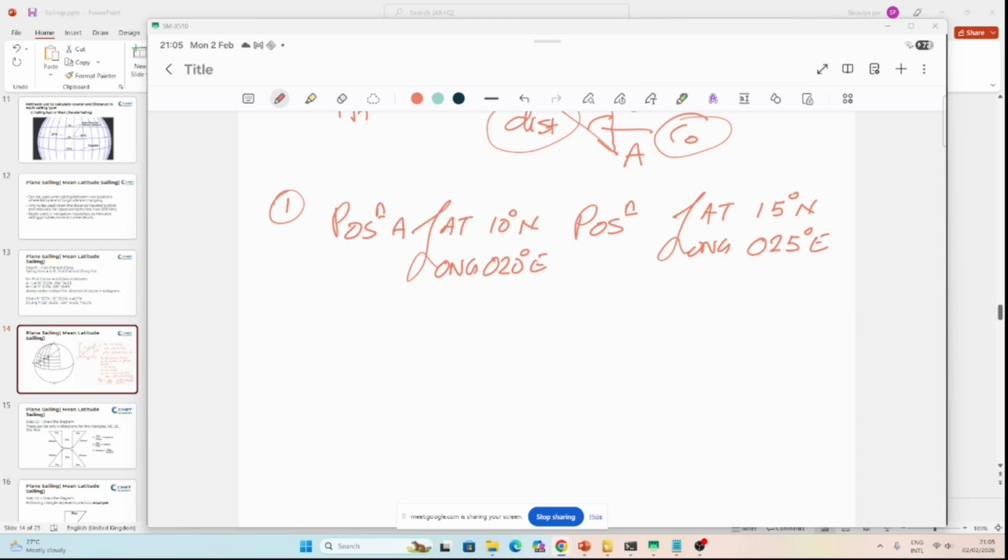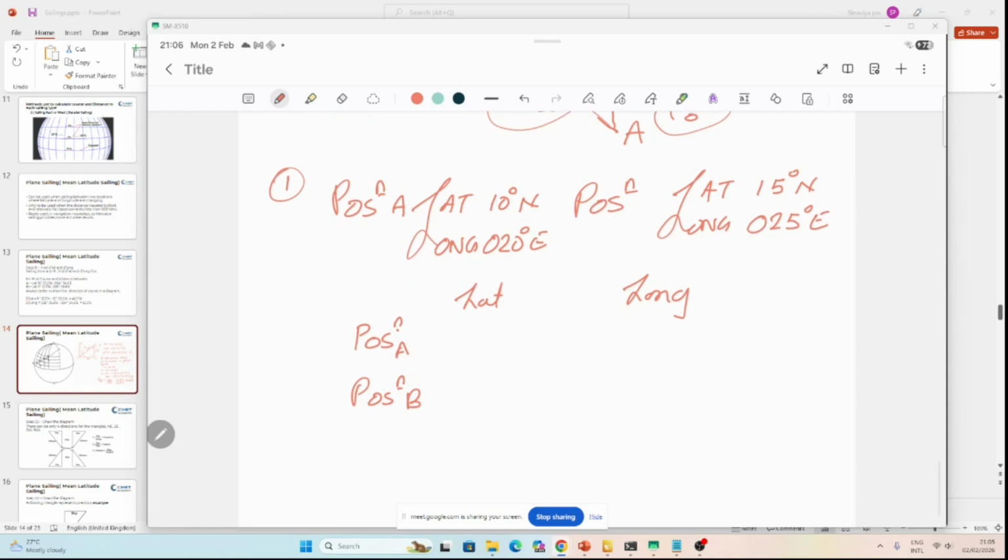If you can remember, last time I was explaining how to write this one. Position A, latitude and longitude. You can do the sum, and if you can find the answer, please put the answer here. Position A: 10 degrees north, longitude 0 to 0 degrees east.